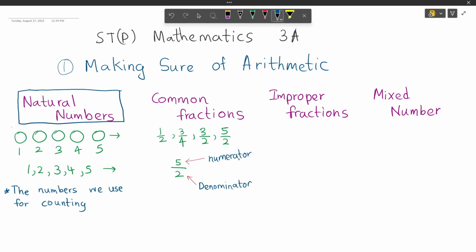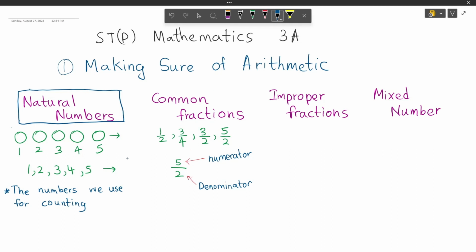This is numerator, the top part. This is denominator, the bottom part. Now, any number which has these 2 parts, top part and bottom part separated by a small line, is called a common fraction.